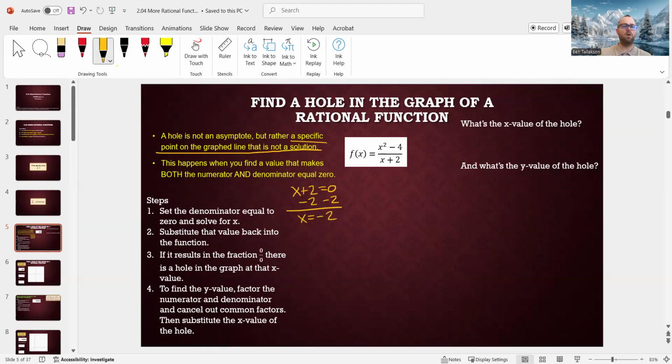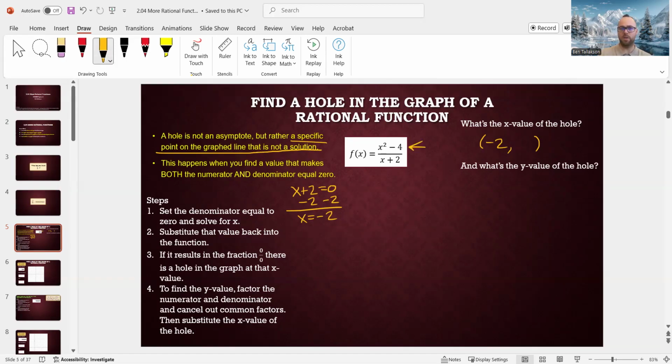Well, guess what you already found? That's the x value of the hole, if there is one. Now, I know there is going to be one, so I'll write it there for now, but we're going to discover it together, okay? The question now becomes, I know if I plug -2 into the denominator, I get a denominator of 0, but what happens when I plug -2 into the numerator?